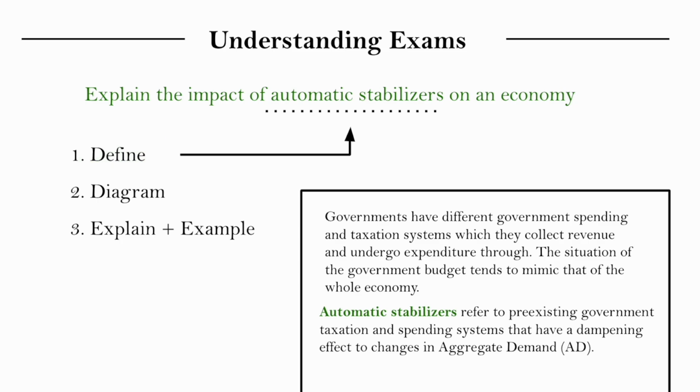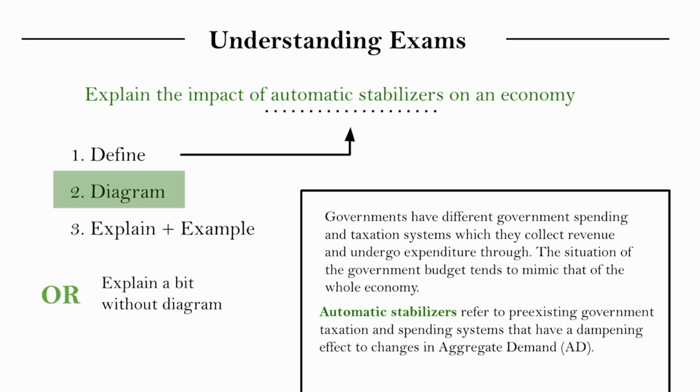Now here, you have the option of either jumping straight into the diagram and then explaining using the diagram, or explaining a bit before the diagram. Either is fine, it's just that the latter option allows you to explain a bit first without having to reference all the diagram labels, which gives you a very neat and clean outlining explanation before you jump into the actual diagram.